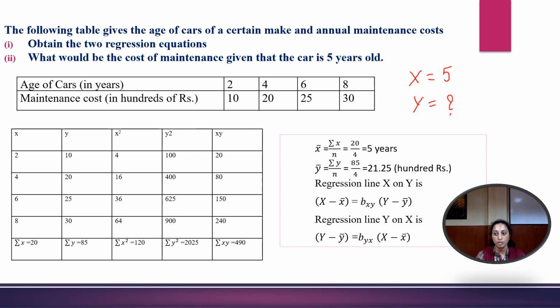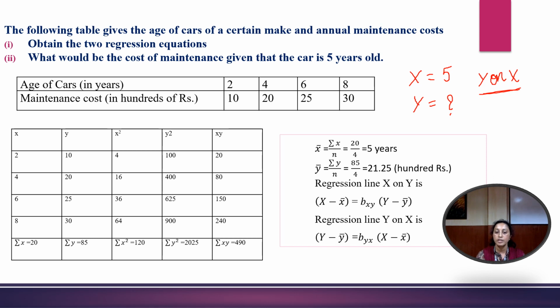Here we know the X value and we want to estimate Y. In such cases, we can use the regression line Y on X. As I told, X is the independent variable and Y is dependent on X. So when we want to estimate the value of Y for a known value of X, we can use the regression line Y on X.